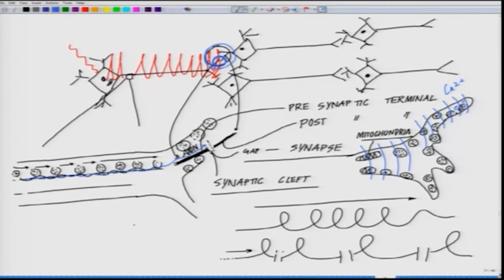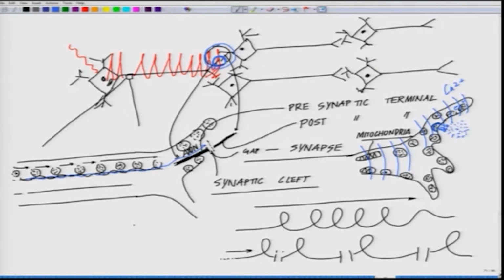This leads to these vesicles that you are seeing getting opened up outside like this, and once they open up transiently, the neurotransmitters are secreted by this particular neuron.